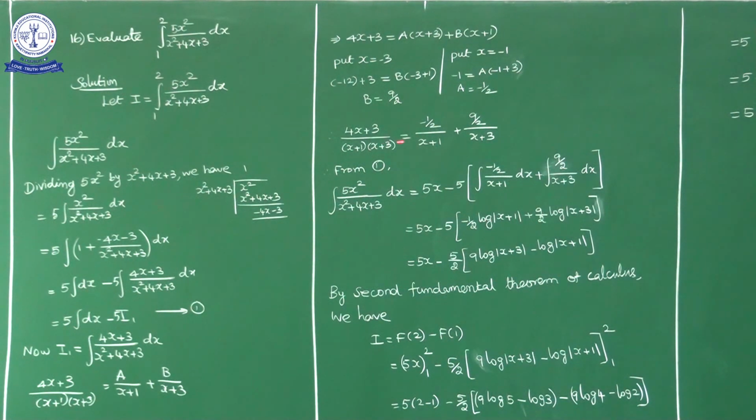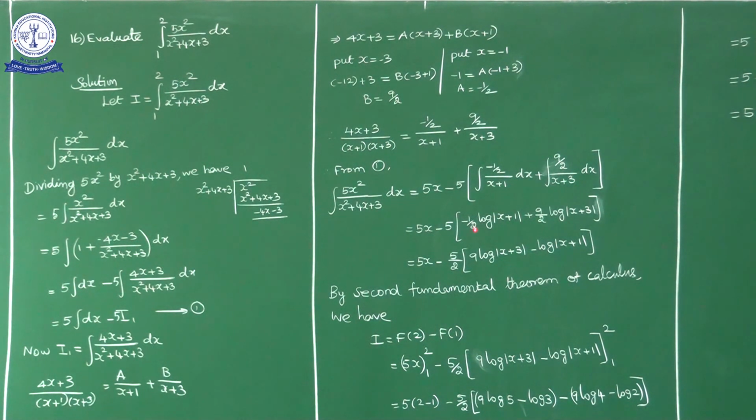So integral of this part is nothing but integral of this part. So from the original, integral 5x square upon x square plus 4x plus 3 dx, what we can write? 5 into integral dx. Integral dx is x, no? So 5x minus 5 into I1. I1 is nothing but this part integration. So integral of minus 1 by 2 upon x plus 1 dx plus integral of 9 by 2 upon x plus 3 dx.